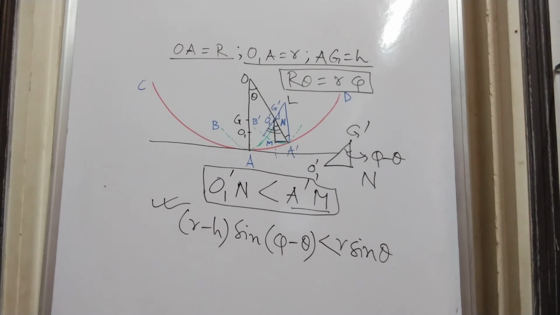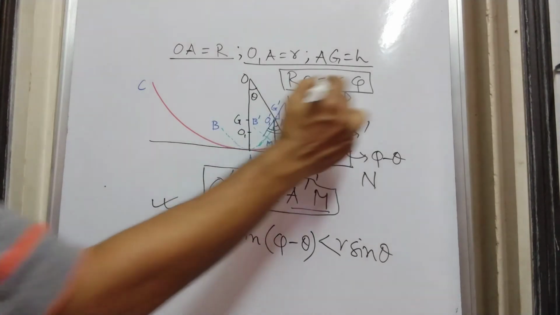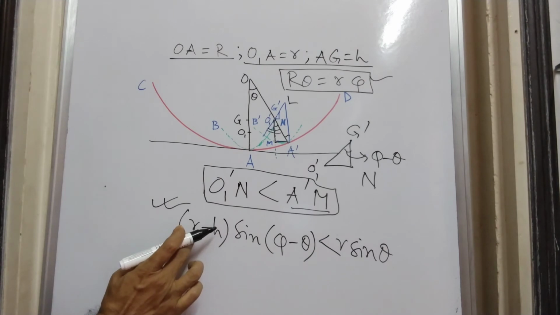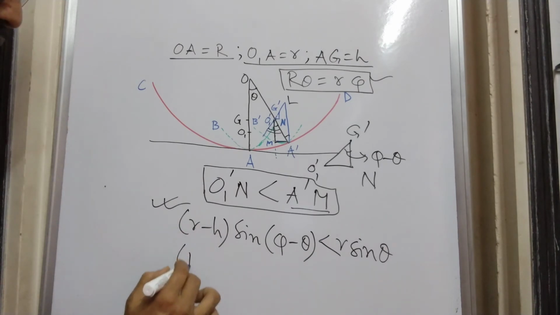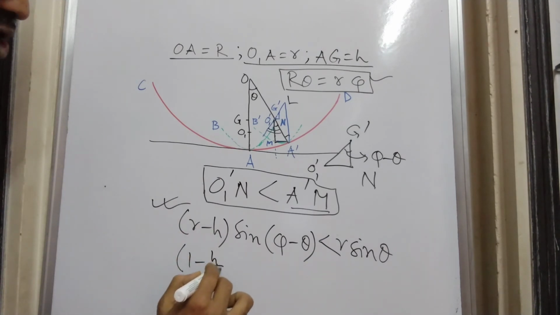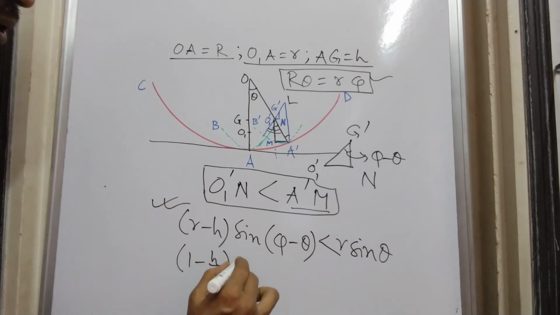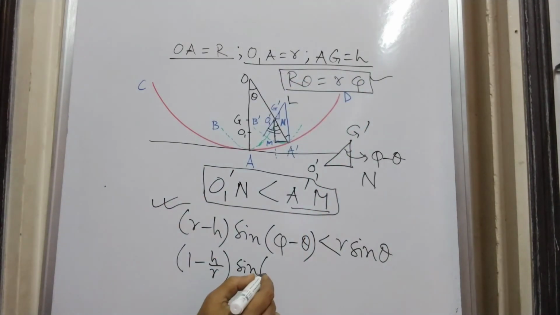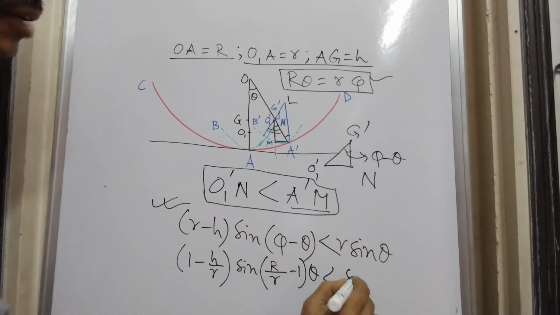And now if we just use this relation, which gives us that phi is equal to capital R by small r into theta, we divide with this R and it becomes 1 minus h by R, simple, and we put R by r theta in place of phi, so that this becomes R by r minus 1 into theta, and here we have sine theta.